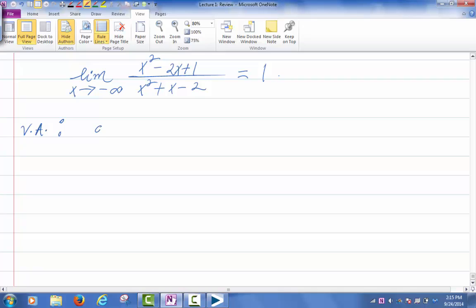Once again, the function we have at hand is this, and I have to figure out where the denominator vanishes. So where does the denominator vanish? I have x squared plus x minus 2, and I can factor that out as what?